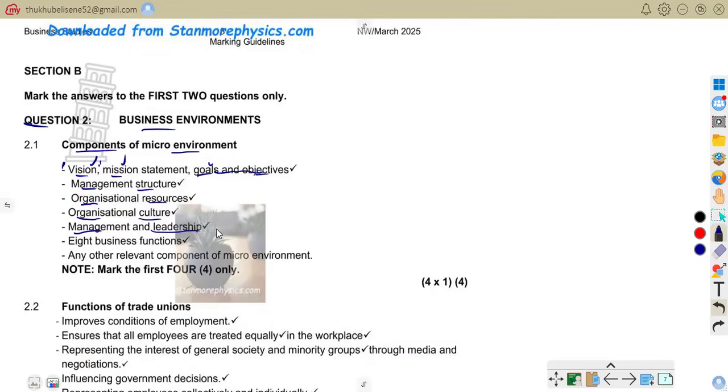Are we together, good people? Then we have business functions as well as a component of the microenvironment. These are the main operational areas that ensure the business runs effectively. So hope we're together. Let's quickly rush and run to 2.2.